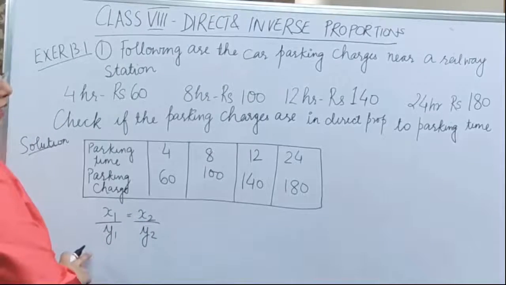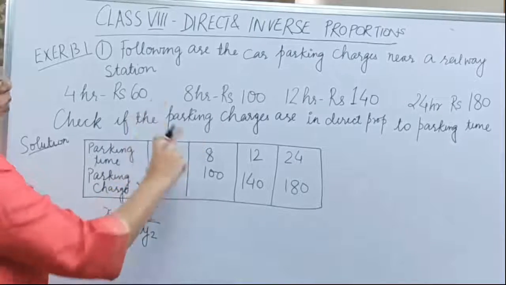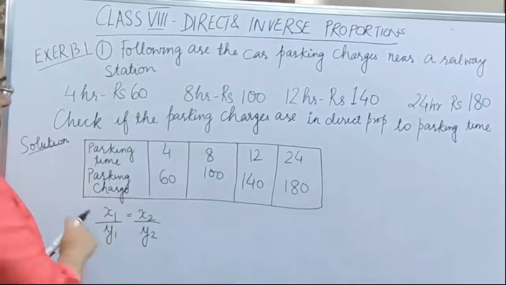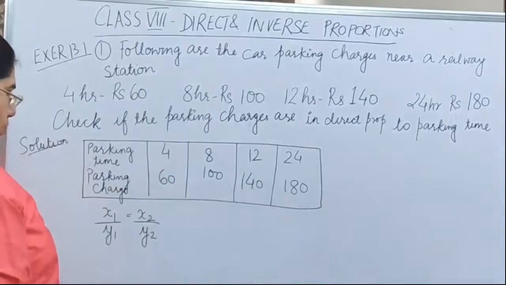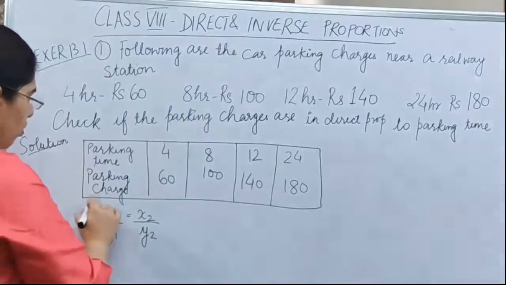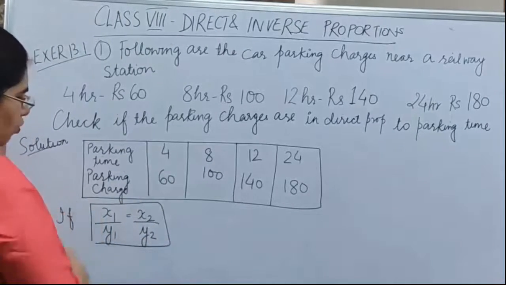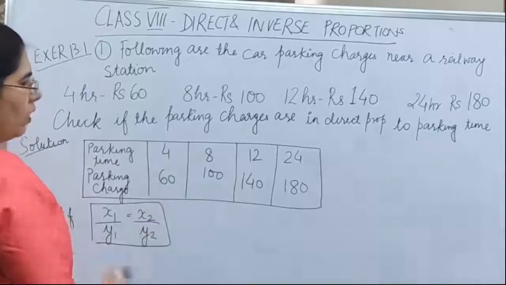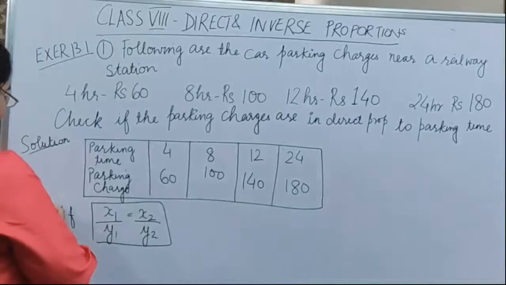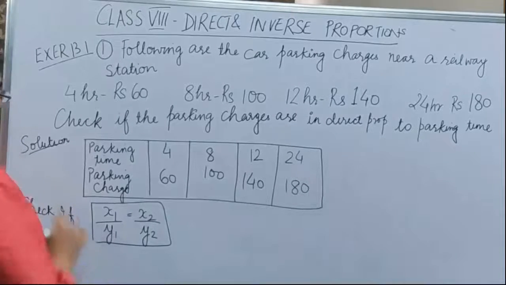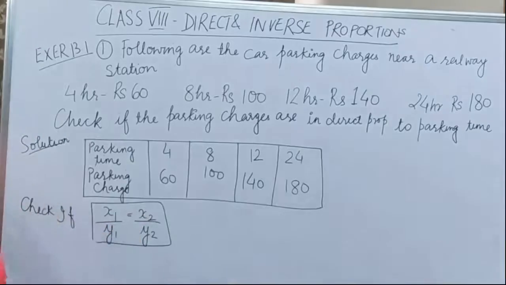This is what we had discussed previously, that in order to ascertain whether the two quantities are in direct proportion, we check whether this ratio remains constant throughout. So, if this is true, then the two quantities are in direct proportion. So, the second step is to check if x1 upon y1 is equal to x2 upon y2.